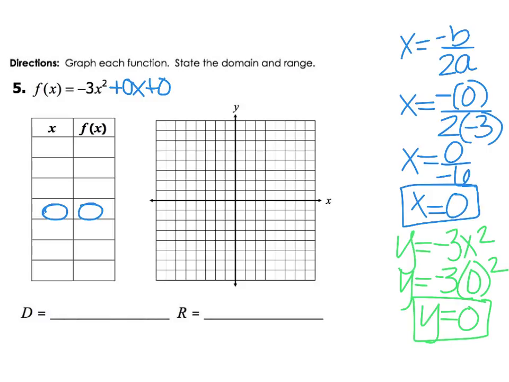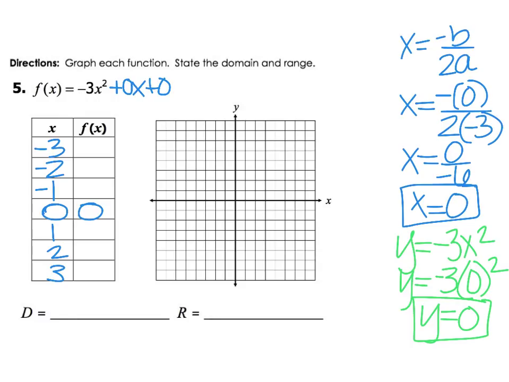Then we want to pick 3 numbers smaller. So we pick negative 1, negative 2, negative 3, 1, 2, and 3. Then we want to take each of these values and substitute them in. So we take negative 3 and plug it in for x. Negative 3 squared gives us positive 9 times negative 3 gives us negative 27.